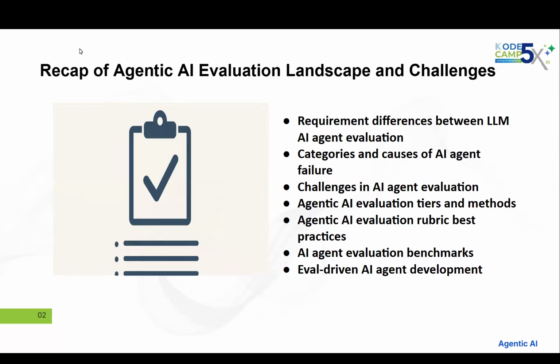The four of them are: first, task outcome metrics; second, process or trajectory metrics; third, system efficiency metrics; and fourth, reliability and safety metrics.